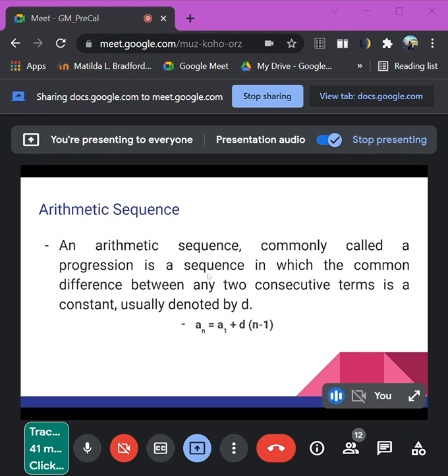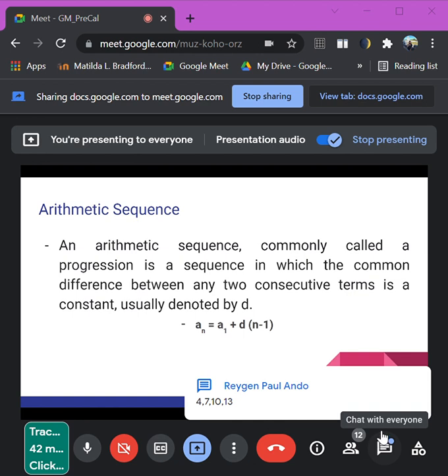Okay, remember, an arithmetic sequence needs to have a common difference. So who can give me an example of an arithmetic sequence? It must have a common difference.